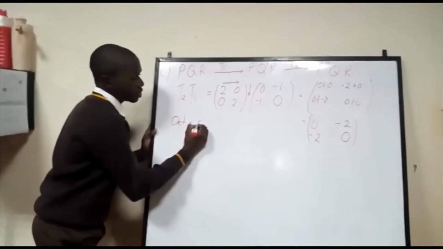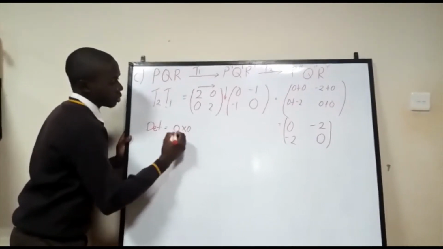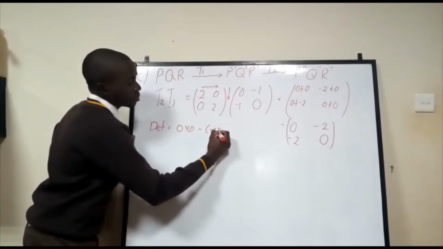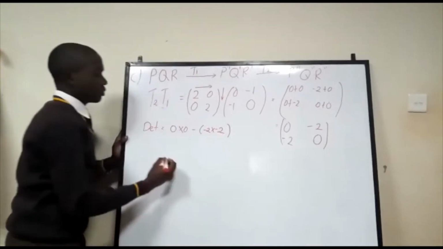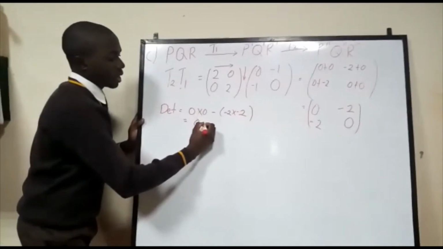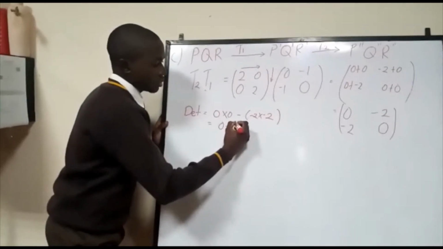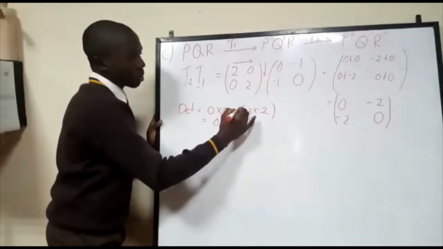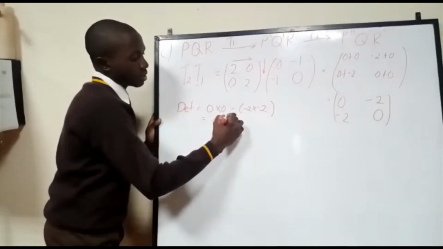We shall have 0 times 0 minus negative 2 times negative 2. This is 0 minus negative 4. Minus 4, because we are multiplying a negative times a negative.